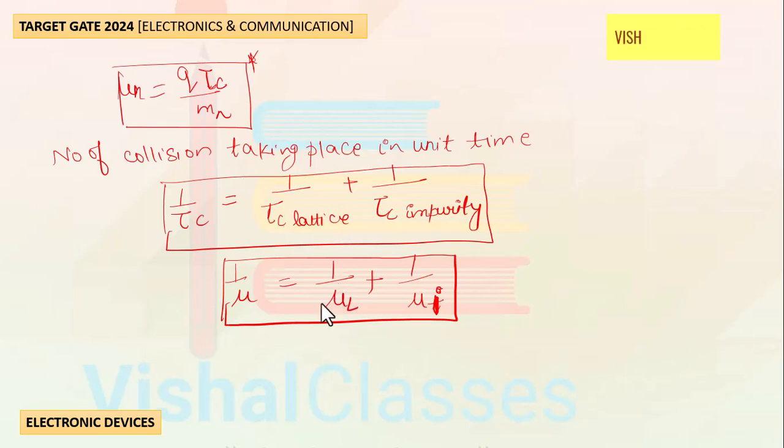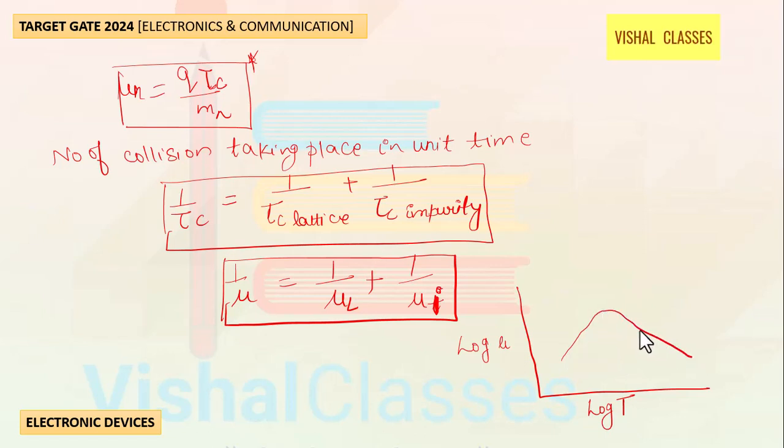Okay, and this graph you will remember: log of mobility mu versus temperature. This is the case of impurity scattering, and this is lattice scattering.